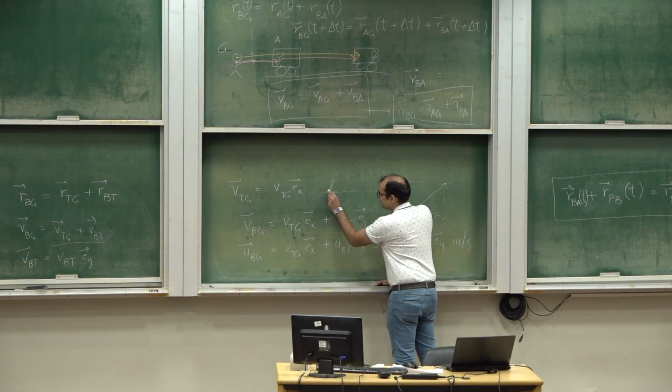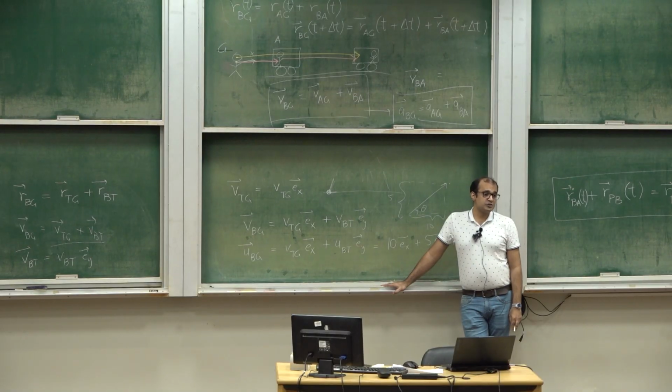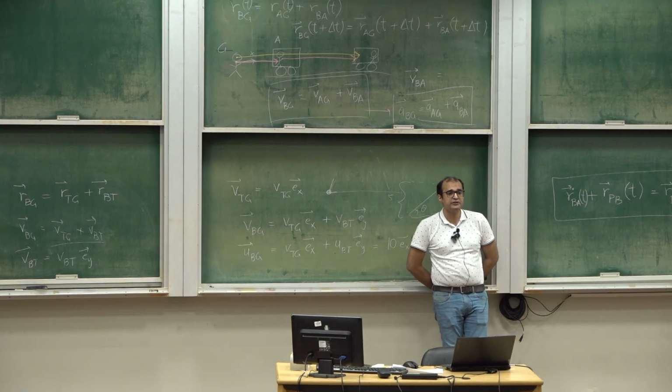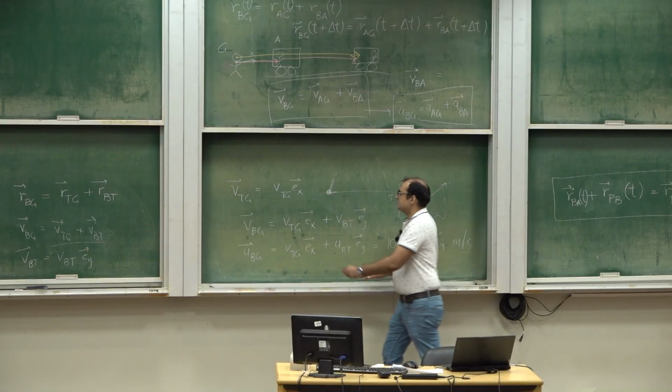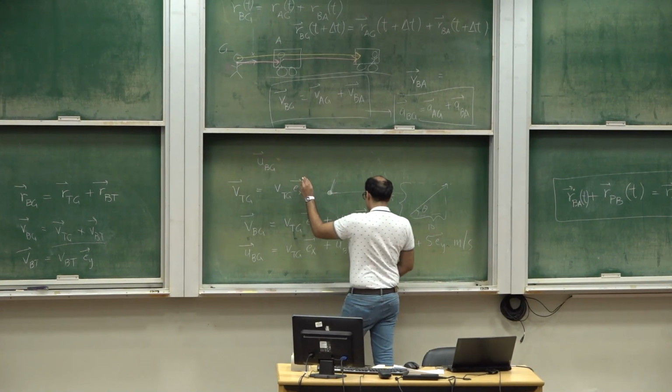Okay, so you set up the coordinate system over here at the position from where the ball was thrown according to the ground. The only reason why I've done that is to make the initial position vector of the ball according to the ground to be 0. You threw it from the origin. That's why I've kept the origin here. Okay. What's the initial velocity vector of the ball according to the ground?